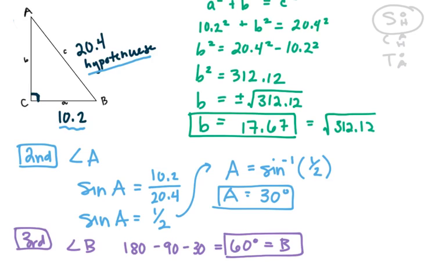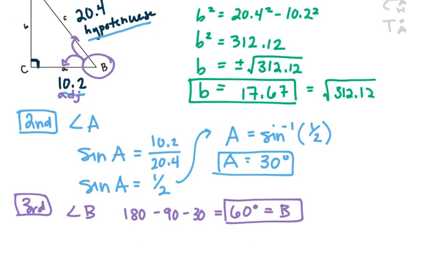And just as a note, if I wanted to find B using the two given sides, 10.2 would be adjacent to B. And adjacent and hypotenuse would mean I would set this up as cosine of B is 10.2 over 20.4. Rather, cosine B equals 1/2.